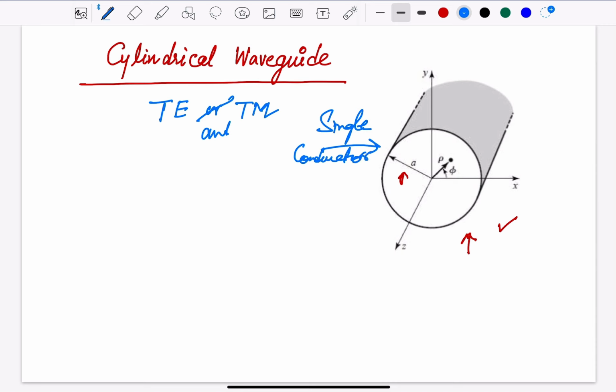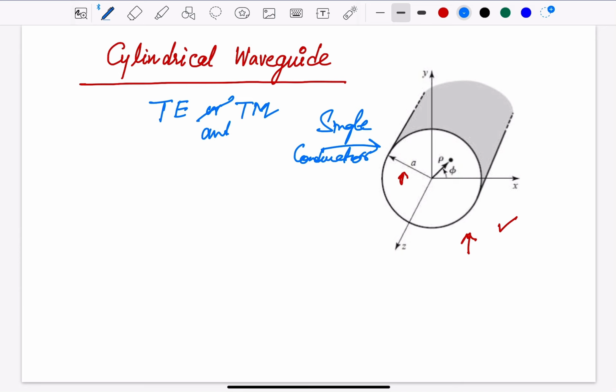Now in the last class we have seen the generalized field equations in a cylindrical coordinate system for the different modes. In continuation, we'll be opting for a mode first, maybe the TE or TM, and on it we'll be analyzing this cylindrical waveguide system.